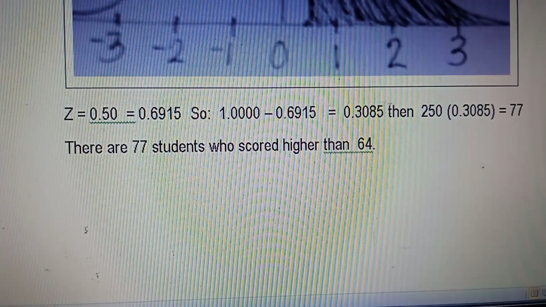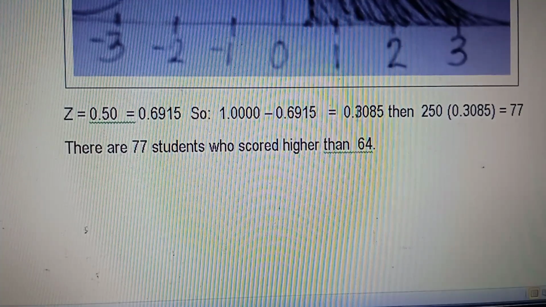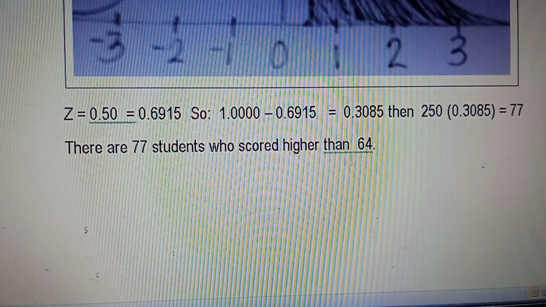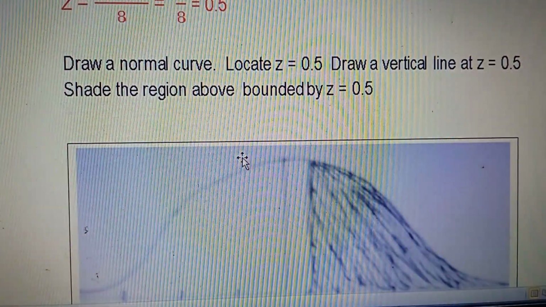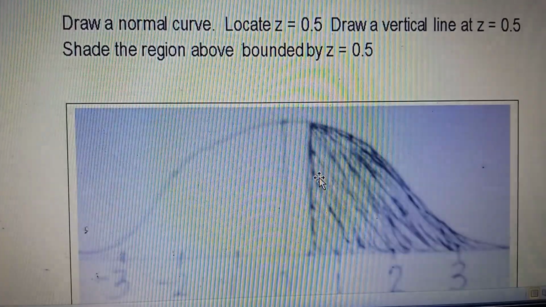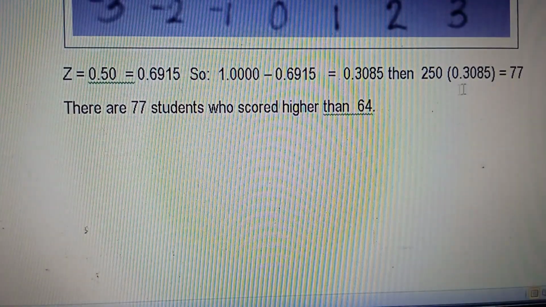So to get the total persons who scored more than 64, we should multiply 0.3085 to 250 students who are taking the test.